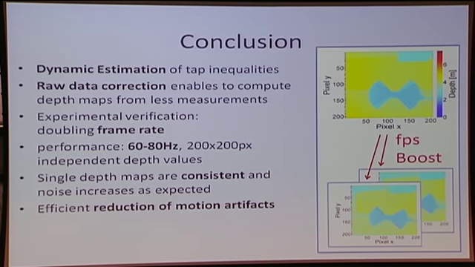So it is possible to increase the frame rate significantly. In our experimental verification, we were able to double the frame rate. So the system now gives a performance of 60 to 80 hertz at a spatial resolution of 200 by 200 pixels. And these are independent depth measurements done in each pixel.